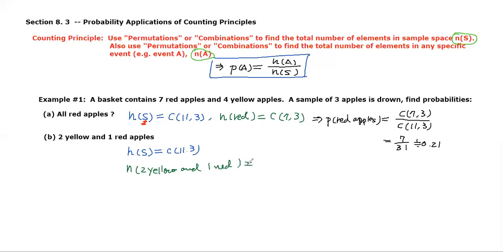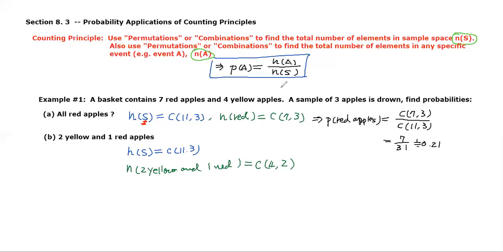So I have 4 yellow. So 2 yellow will be C(4,2), correct? Right? So it's a C(4,2).